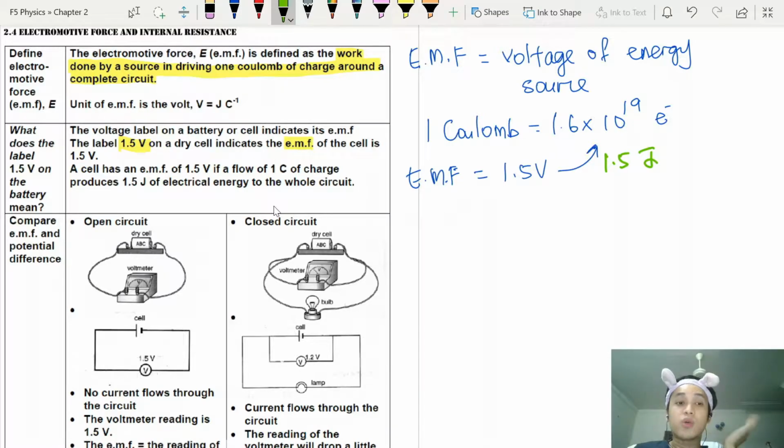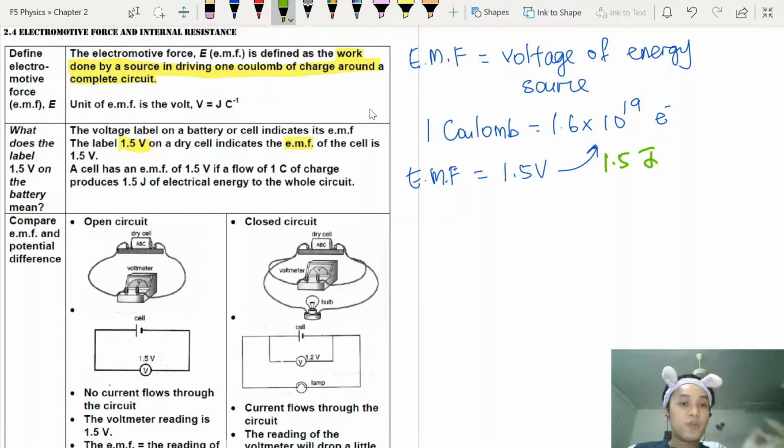That is what we mean by voltage. Remember that I mentioned in the previous lesson, voltage is referring to the energy needed for the electrons to move. So if my battery is 1.5 volts, the battery is going to supply 1.5 joules of energy so that the electrons can move in the circuit.